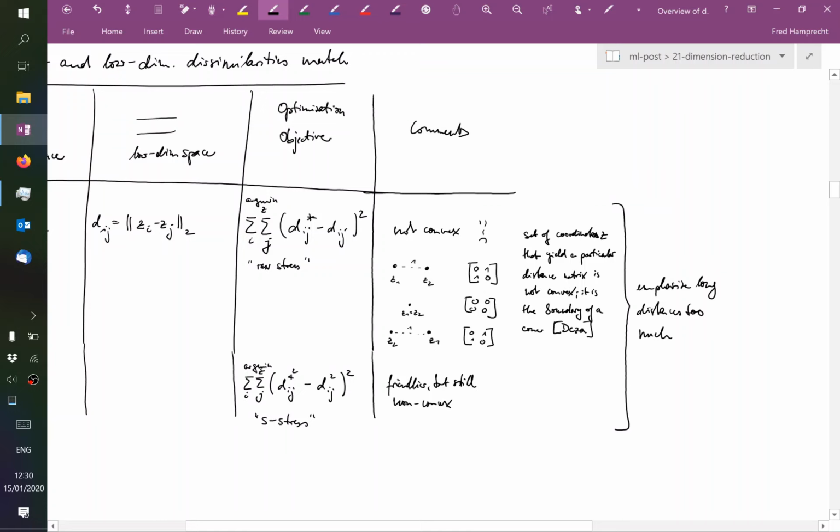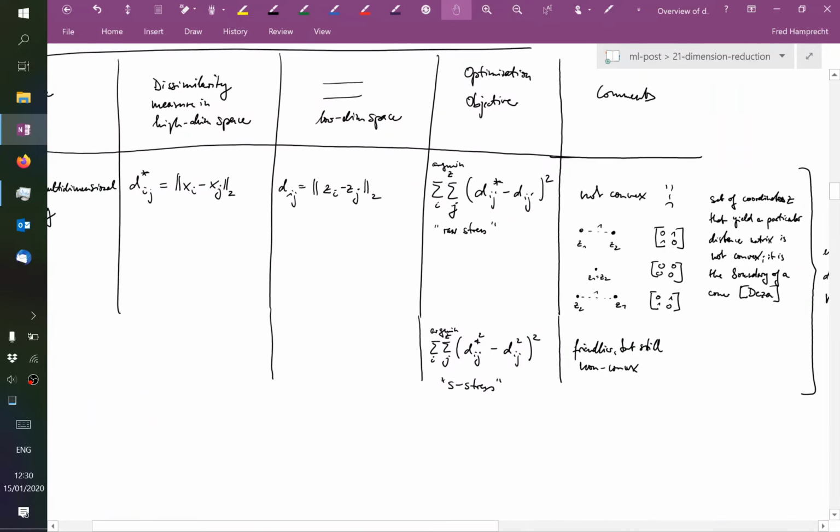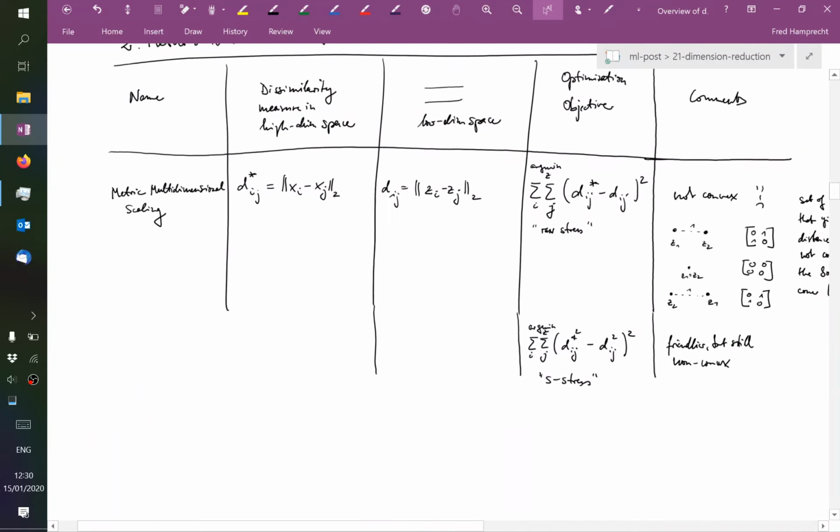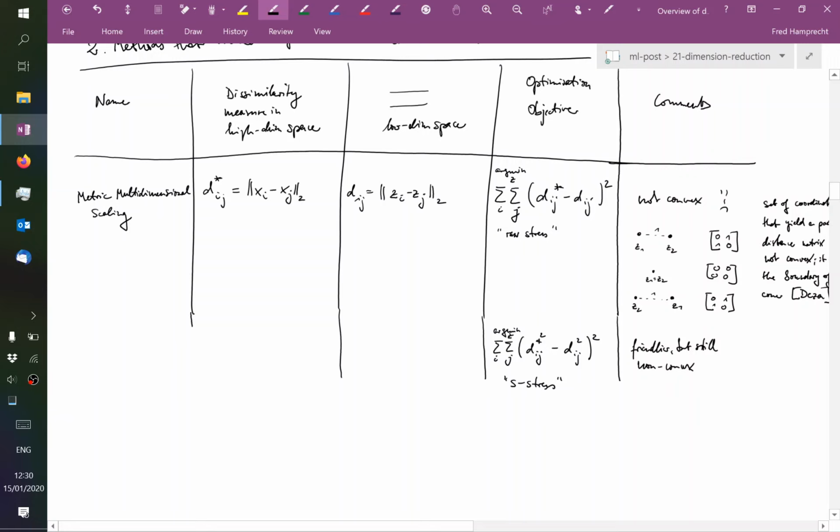So, if we look at this square of deviations, it tries to get the long distances right more than it tries to get the tiny distances right. And when we want to unfold, that is not good. And this has prompted people to introduce weight functions.